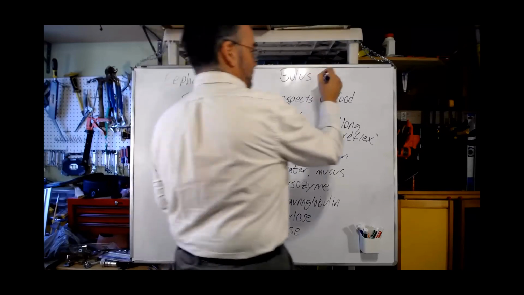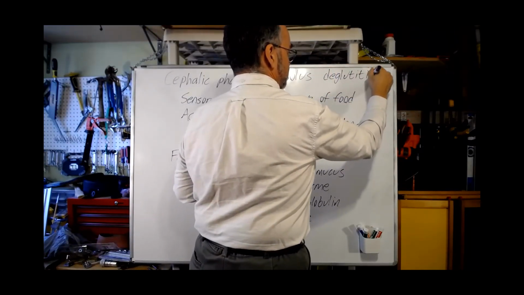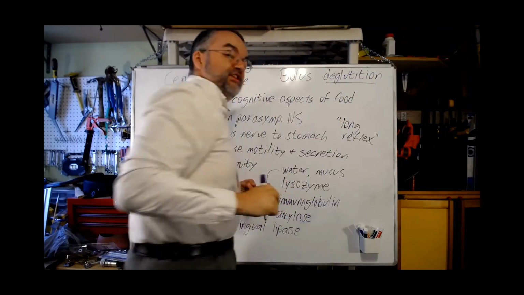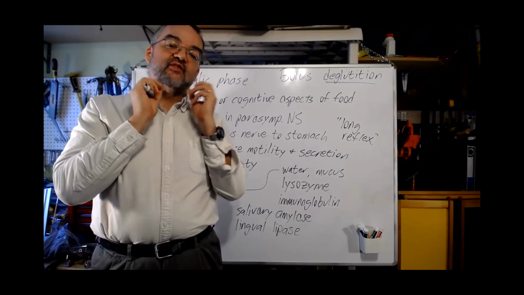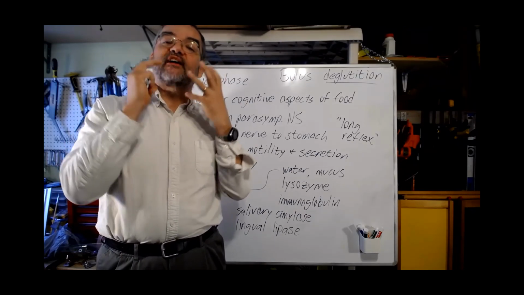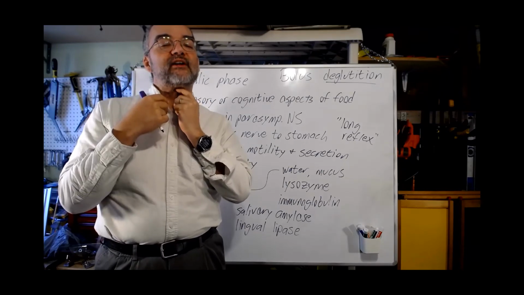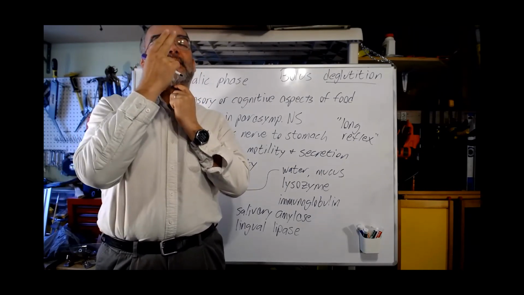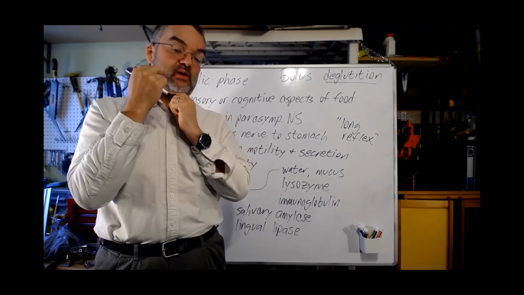The fancy word for swallowing is deglutition. Kind of neat. Anyway, so we move that bolus into the back of the mouth, and we trigger this series of contractions which move the larynx up and the epiglottis down, so that closes off the opening to the larynx so that the swallowed food won't go there.